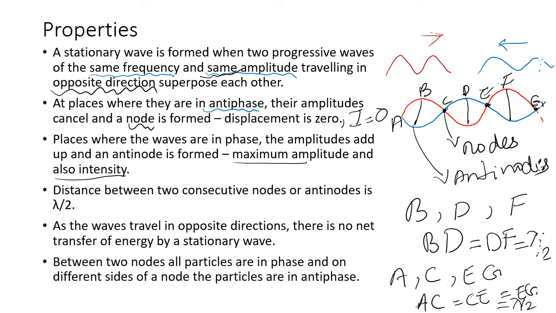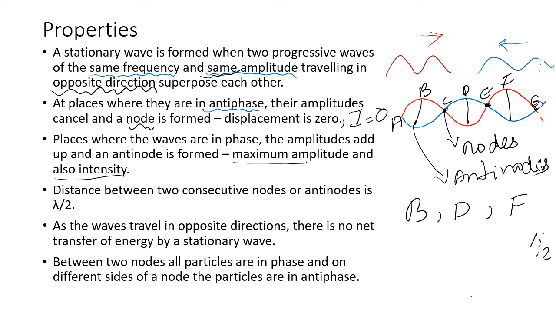Then, if you consider any two nodes or any two antinodes, it doesn't matter which one it is, the particles inside them will always be in phase.